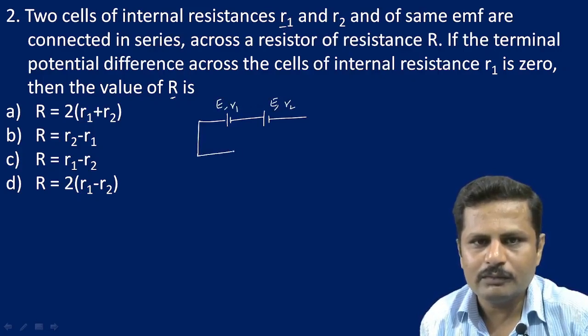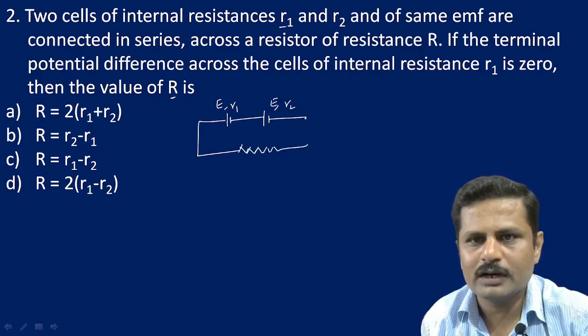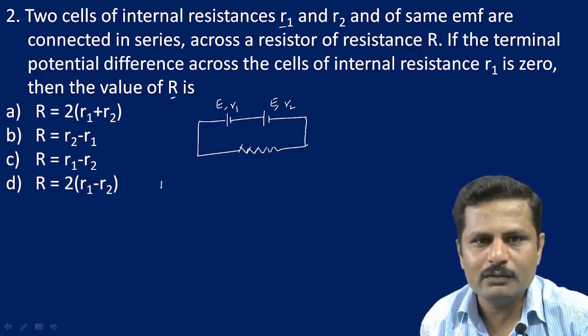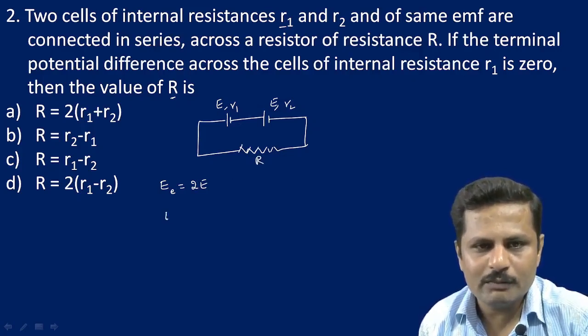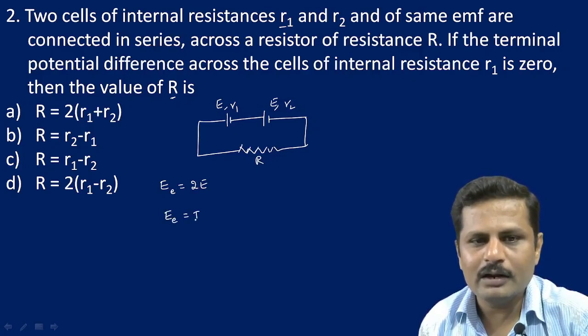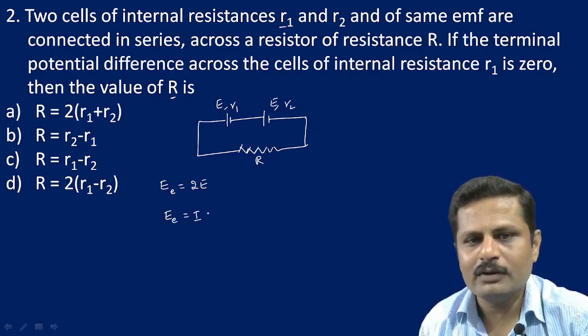So we know that whenever two cells are connected in series, their effective EMF is equal to the sum of their EMFs, that is E plus E, that is 2E. The effective EMF is equal to the current times the effective resistance.